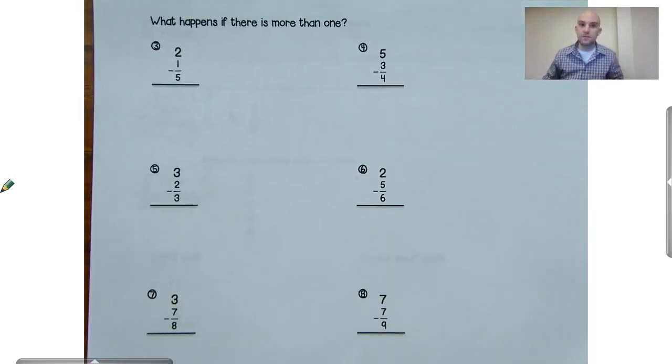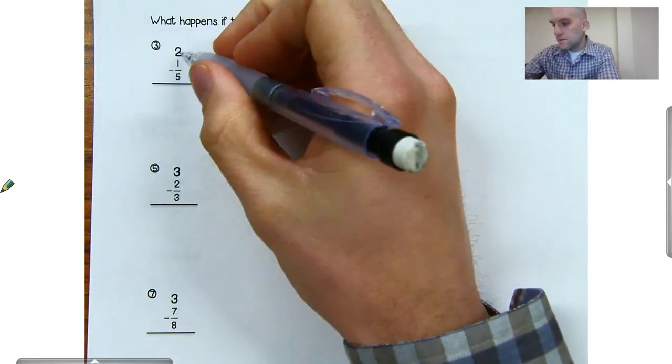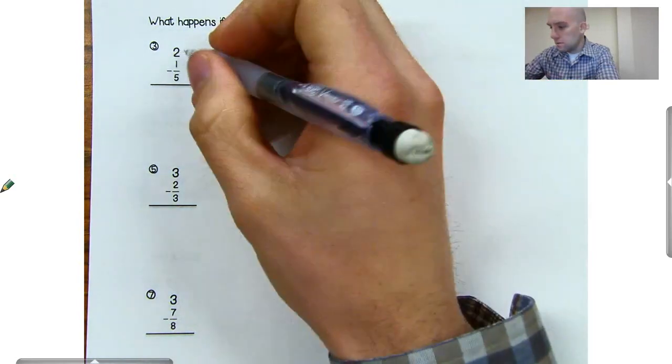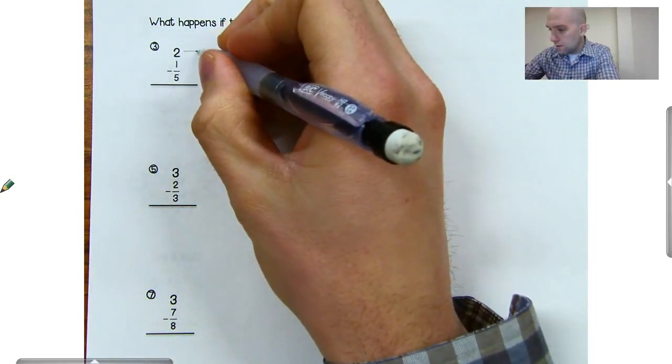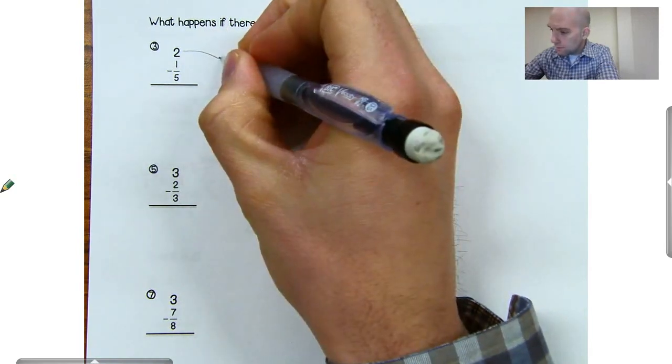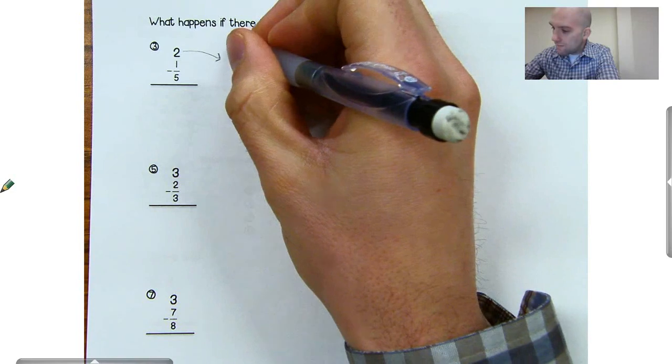All right, so what happens if there is more than 1? So what if we're subtracting from 2? Well, to make 2 wholes into fifths, for example, if we had 1 whole, that would be 5/5.